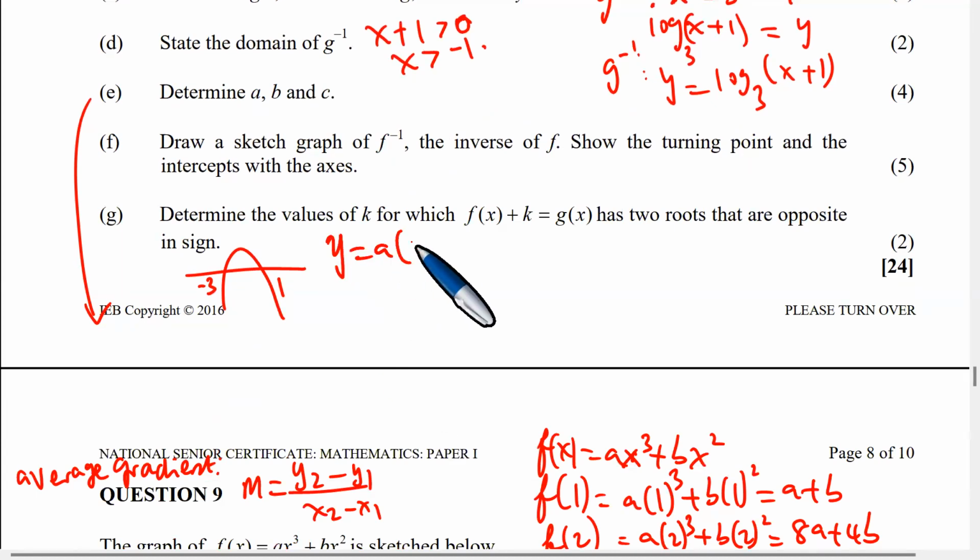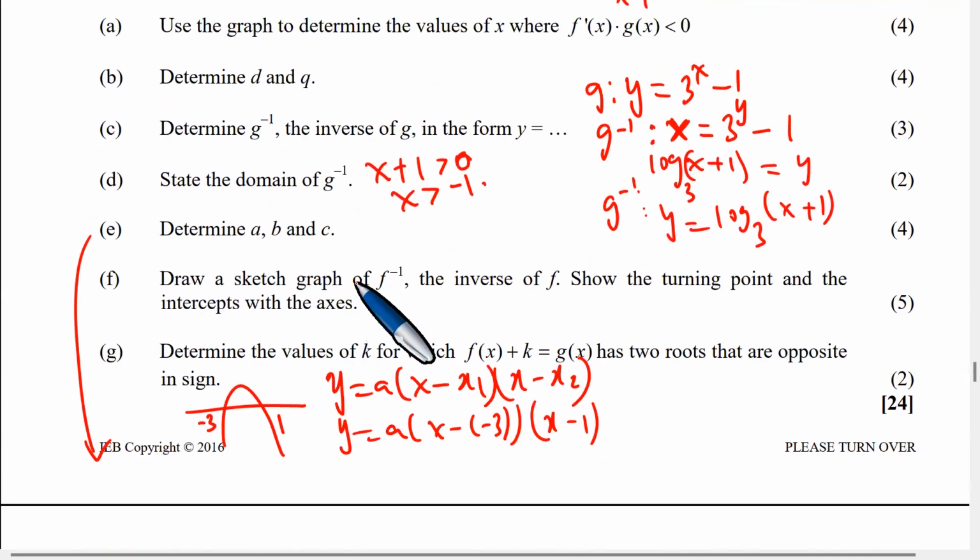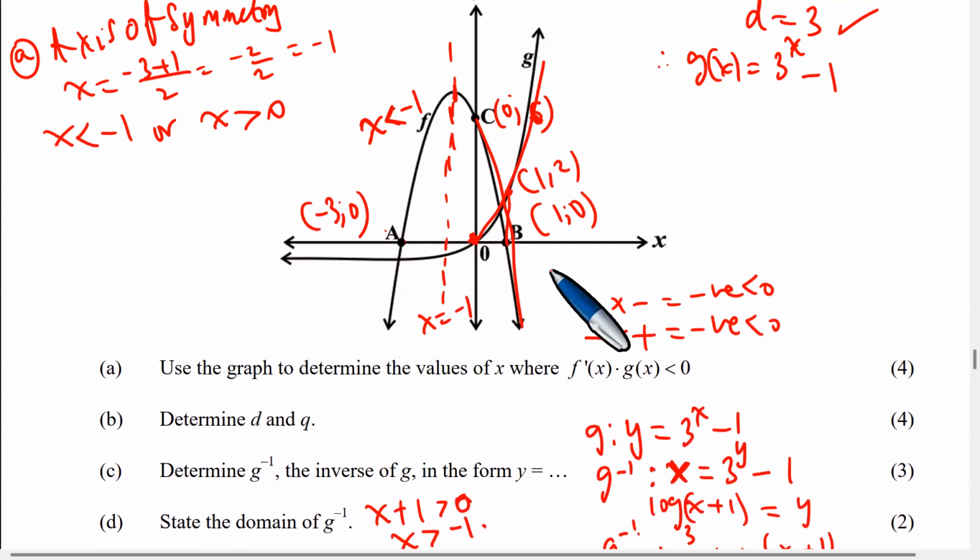Y equals a into x minus x1, x minus x2. Then you substitute here, which means it is x plus 3, x minus 1. You take 1 point on the function, like the point 0, 6.